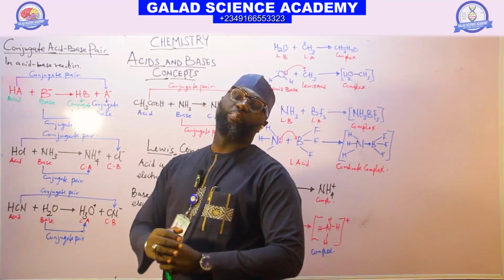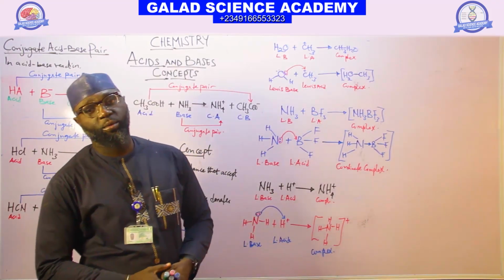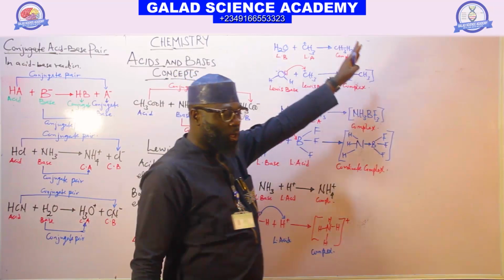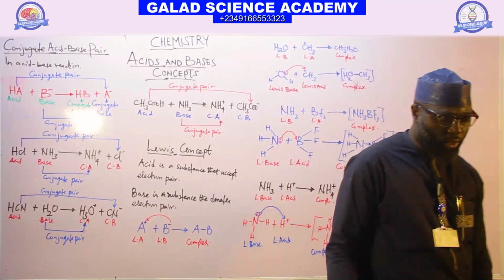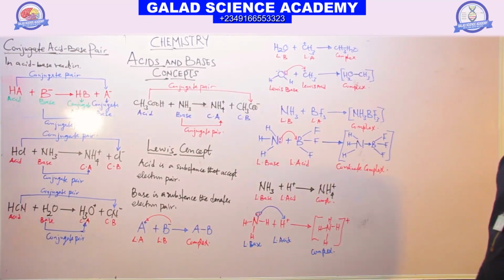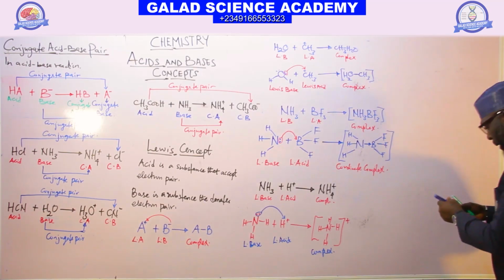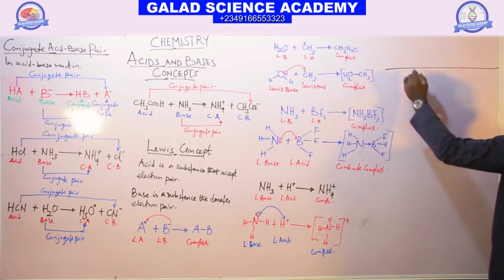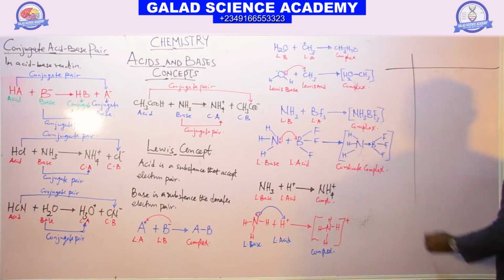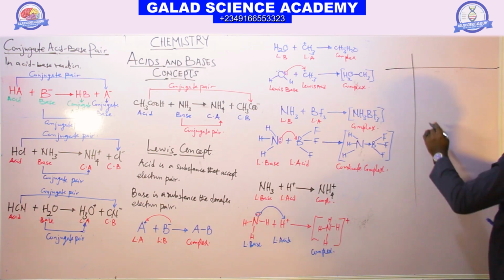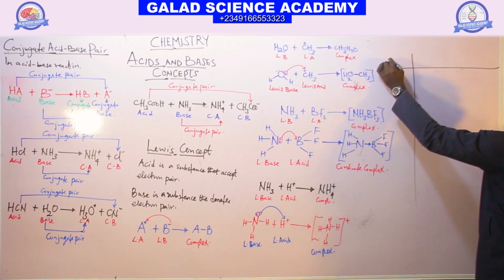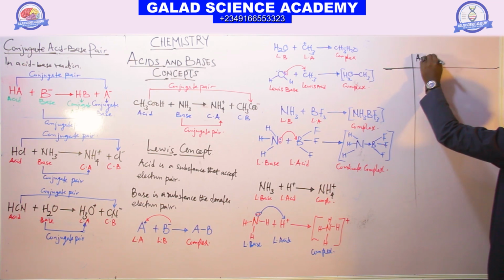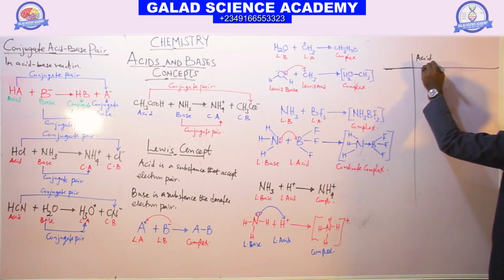So that is all about the three basic concepts of acid and base. Let me help you summarize it here. Let me summarize the table for the three concepts. The first one, we have acid definition.